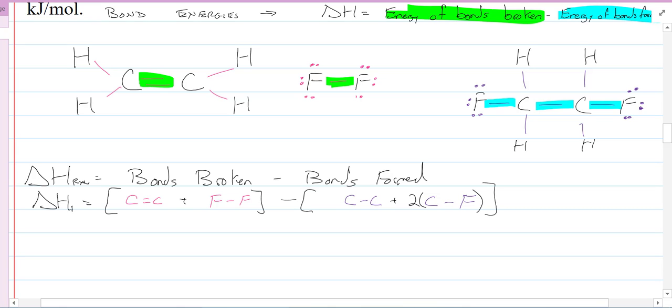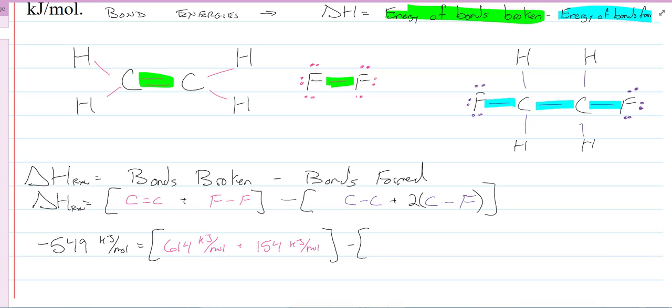Delta H of the reaction is negative 549 kilojoules per mole equals the C double bond C happens to be 614 kilojoules per mole, and the FF happens to be 154 kilojoules per mole.